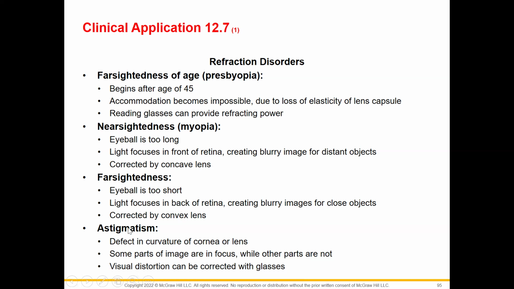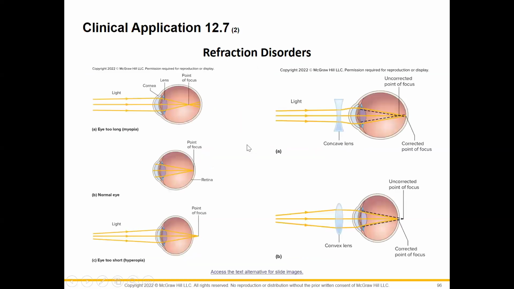So astigmatism, farsightedness, nearsightedness, also called myopia, and farsightedness caused by aging, which is presbyopia. When the eye is too long, the light goes in and that image focuses before the retina, and so that becomes blurry.